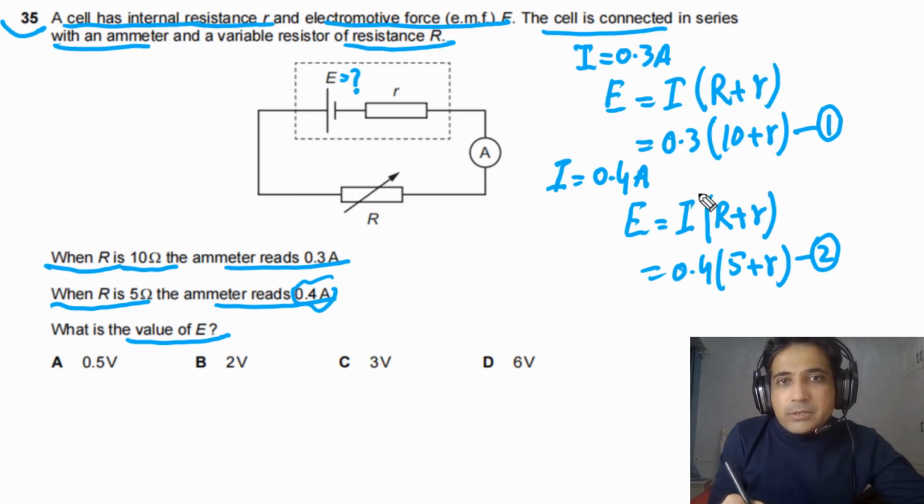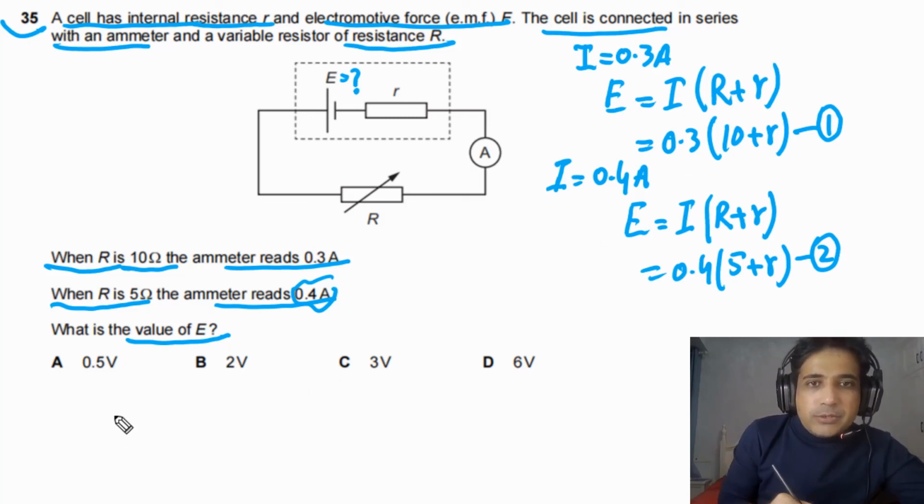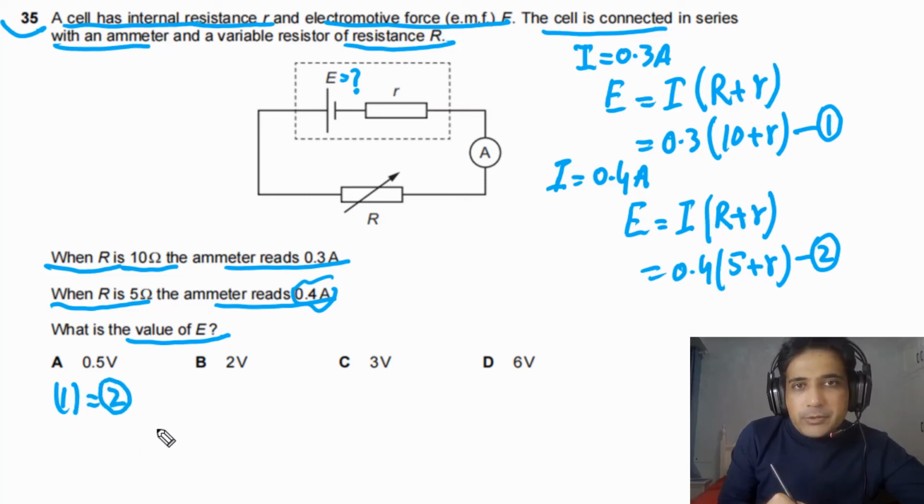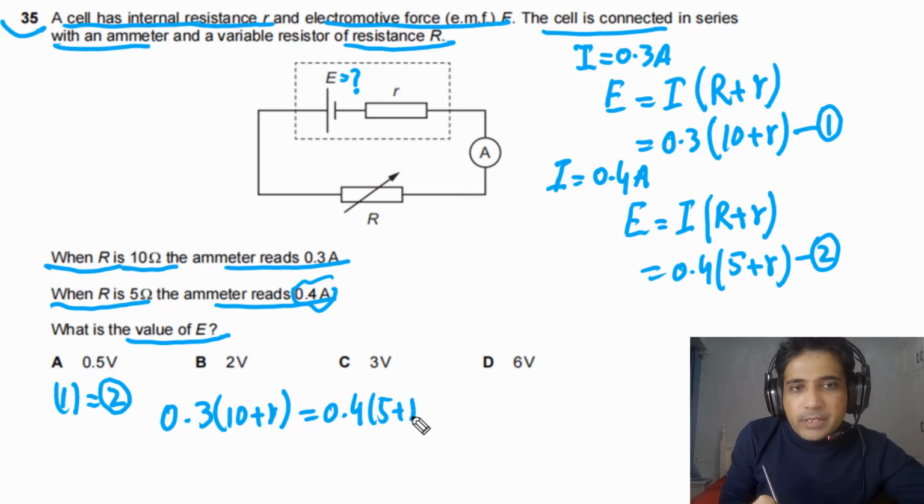In this case, these two equations are equal because E is equal to this and also E is equal to this one. So simply we can equate 1 and 2. Equation 1: 0.3 times (10 plus small r) is equal to 0.4 times (5 plus r).